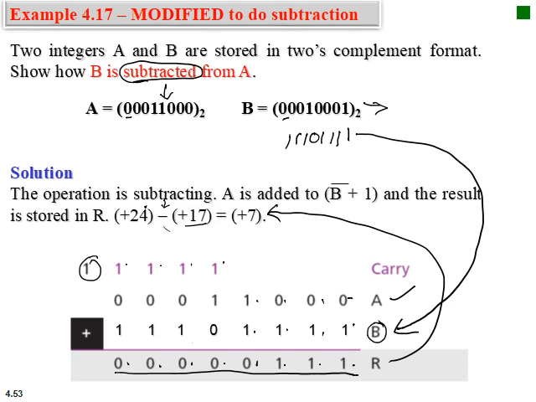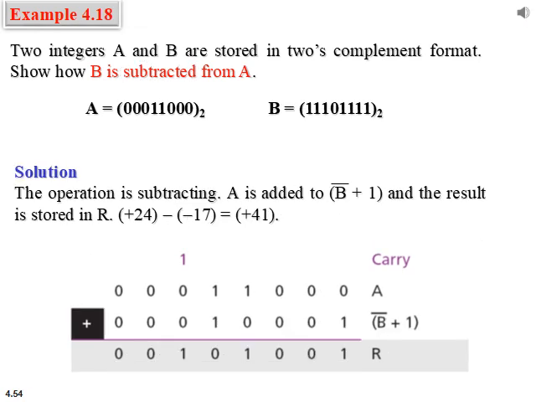Let's just do some more examples. In this example here, we again do subtraction. So here's A, there's B, and we subtract. Because we need to subtract, we know we will have to do something extra. A is this value over here, B is this value, but B is negative.